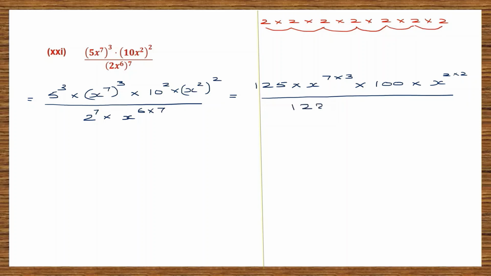So 128 into x to the power of 6 into 7. Here it says 6 into 7. 6 7s are 42. So let's write that.